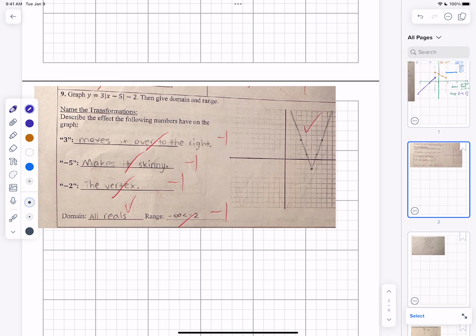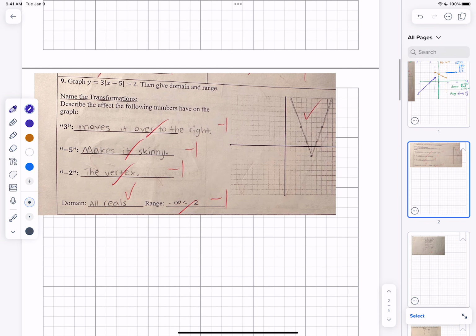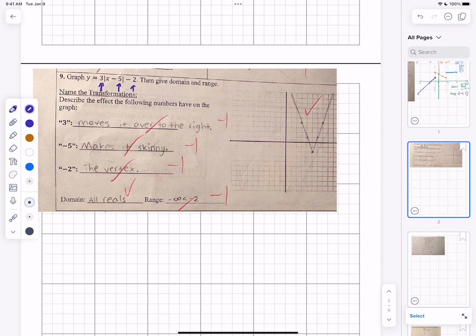Okay, so this one, well, you have to graph it. What he wants you to do is understand what this does, what this does, and what this does. Well, let's just go down here, let's start here.